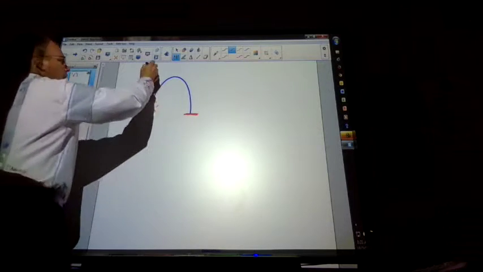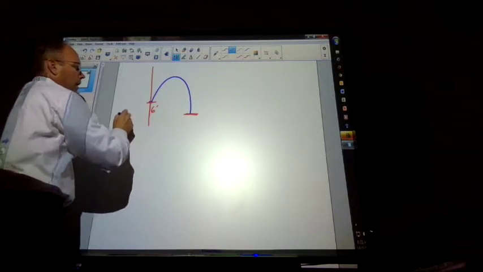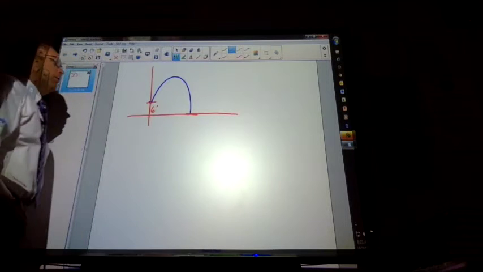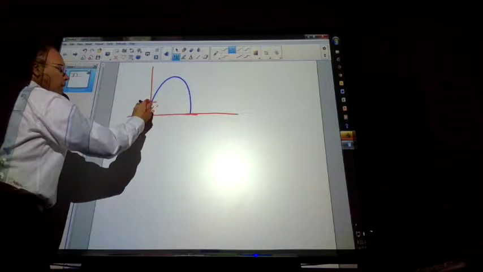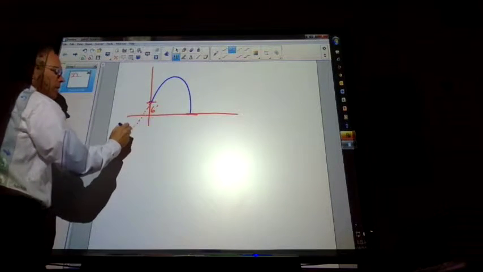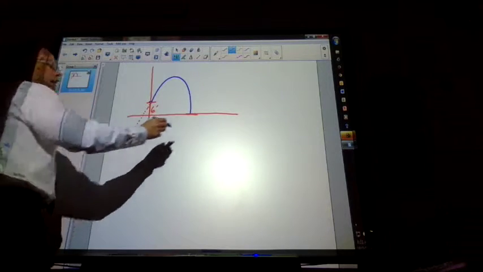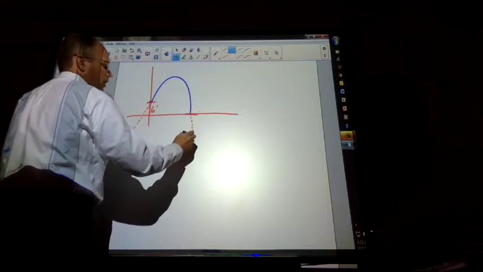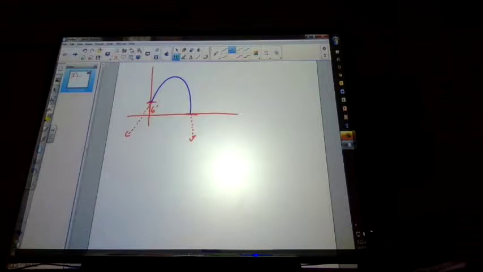So technically, if I were to have the XY axis drawn right here, this is what this parabola would look like. This portion of the parabola here doesn't really exist for you because that's your initial height. Your portion of the parabola going this way also doesn't exist because it's underground. So you made a big hole in the ground if that's the case.